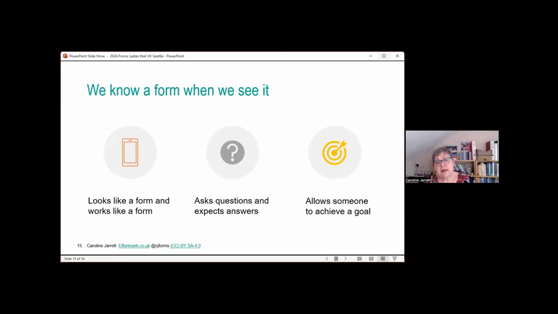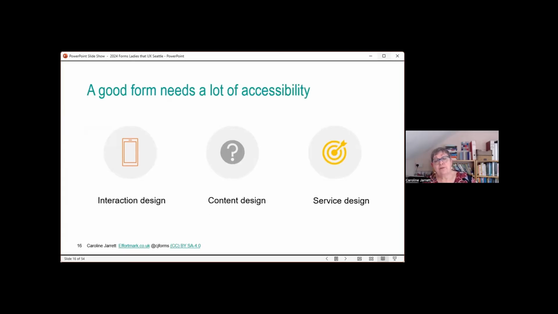So that means that we've got some interaction design, the how it works, the kind of clicking and moving on. And we've got some content design, as we call it in the UK, which is the writing of the words and making sure that the words and the other content are working really well. And then over all of that, we've got a service design.